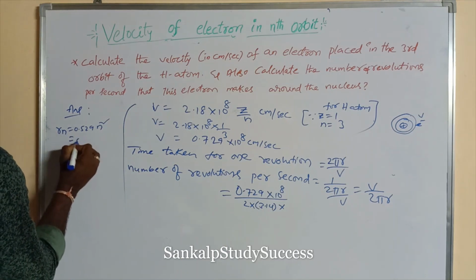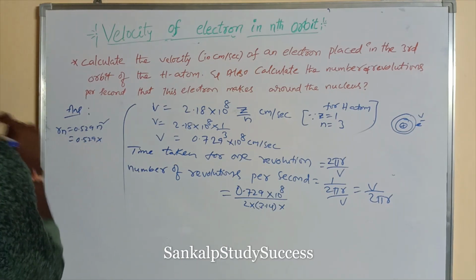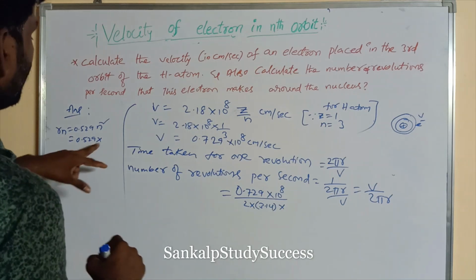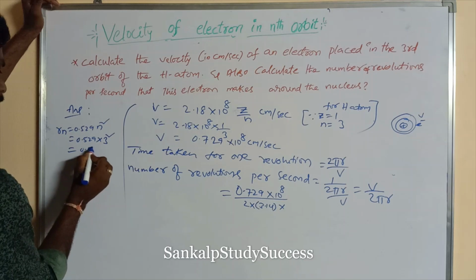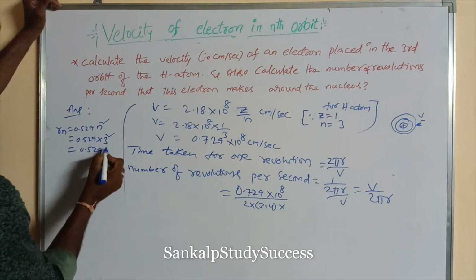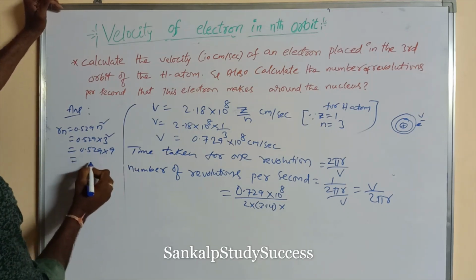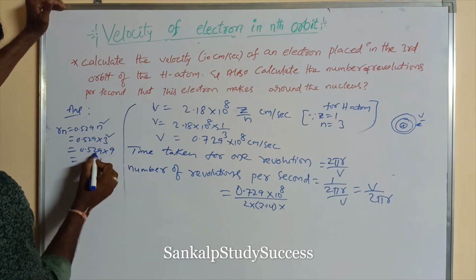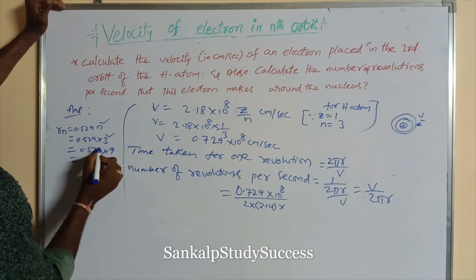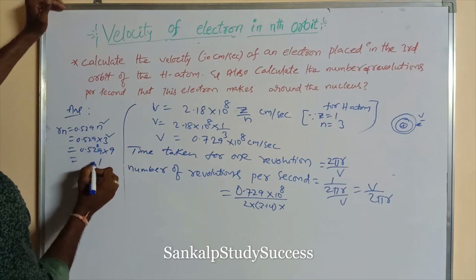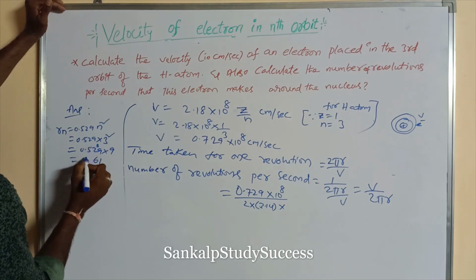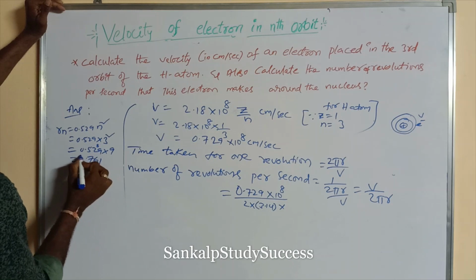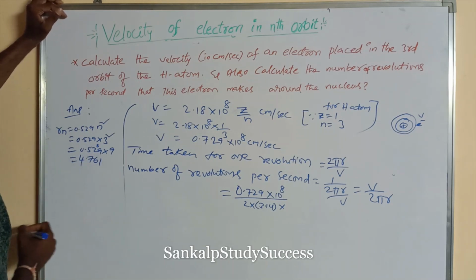So 0.529 × n², where n is the third orbit, so 3² = 9. So 0.529 × 9 gives 4.761.